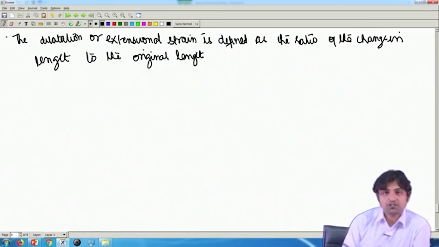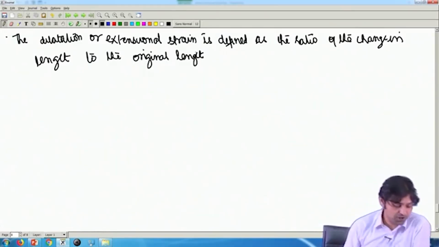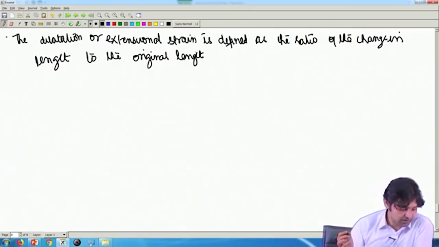This is a similar definition you would also remember from your thermodynamics class in class 12th.